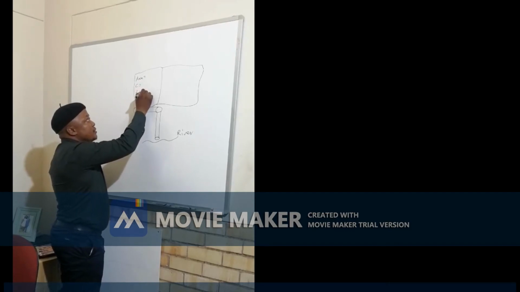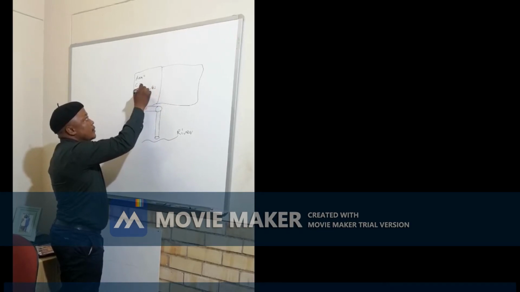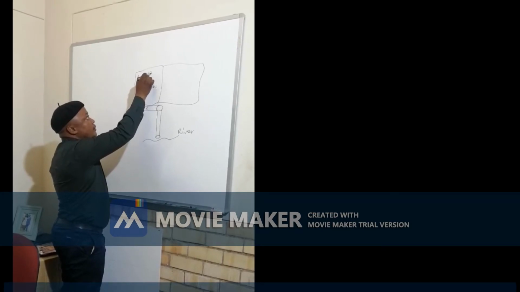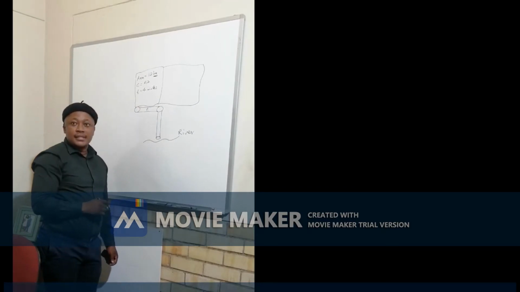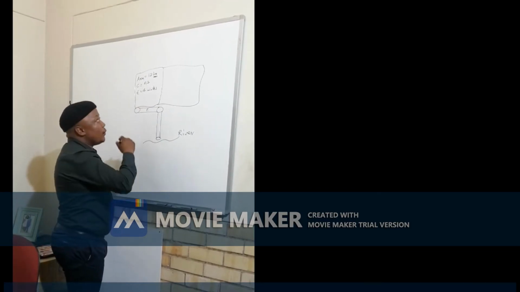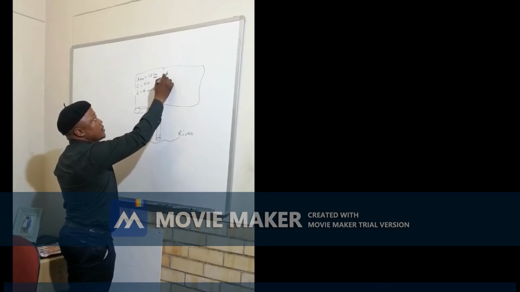The time of flow in this context is in minutes, and then the C value as well as your area. You must take note of the area that is provided in hectares, and you must understand when that is going to change.